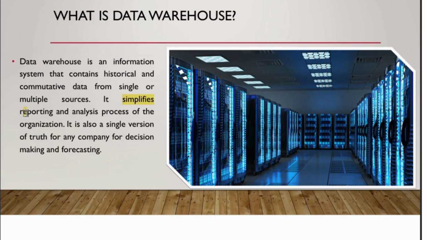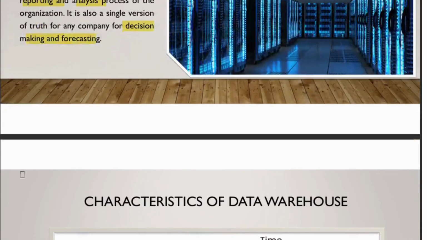Because of data warehouse, the reporting and analysis of data is simplified. It is also a single version of truth for any company for decision making and forecasting. So using that data stored in data warehouse, they forecast and they make decisions. That's what it's talking about.